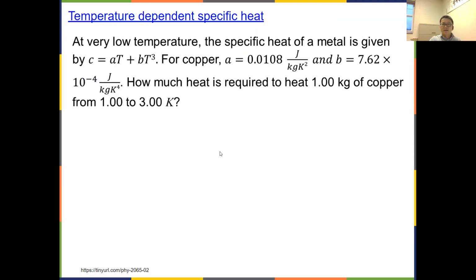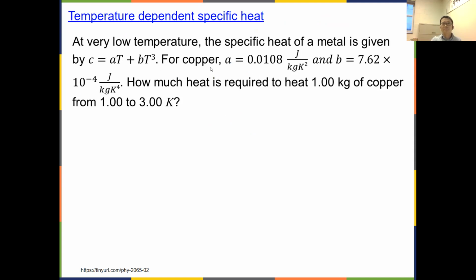So let's take a look at an example of temperature dependent specific heat. It says at very low temperature, the specific heat of a metal is given as C equal to A times the temperature plus B times the temperature to the third power.